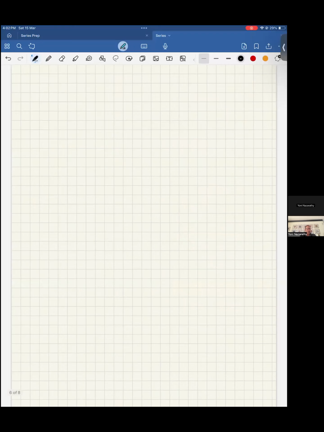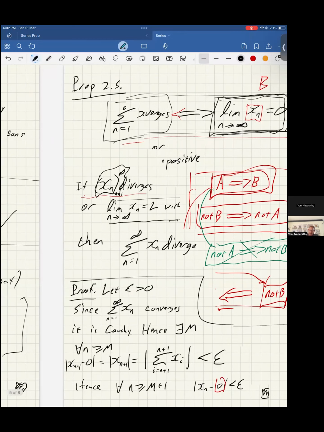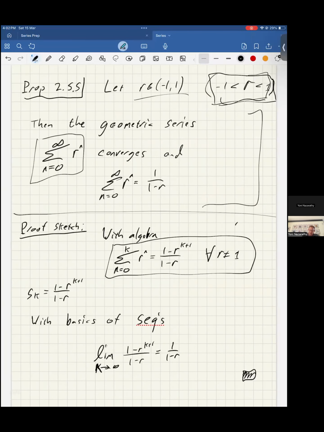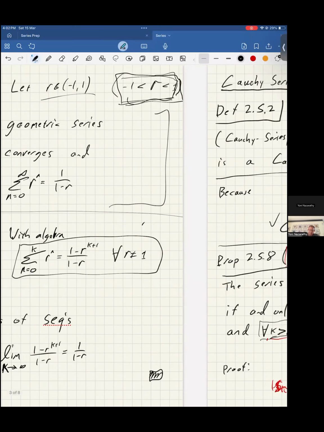All right, so now with this result, we can complete the picture on the geometric series. Let's again go back to the geometric series, sum n going from 1 to infinity of r to the power n. We had that the geometric series converges if r is in absolute value less than 1, right?